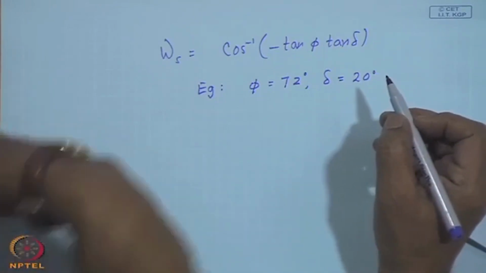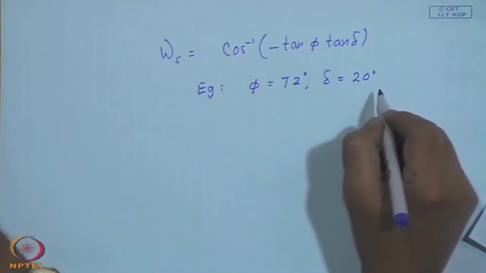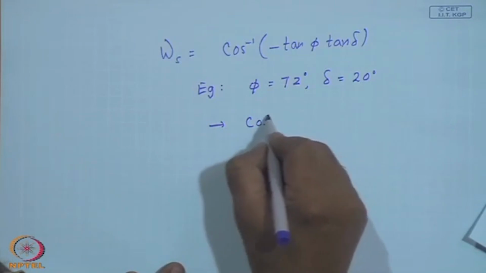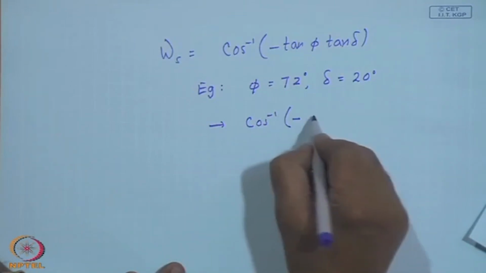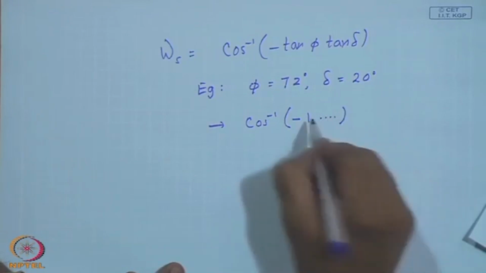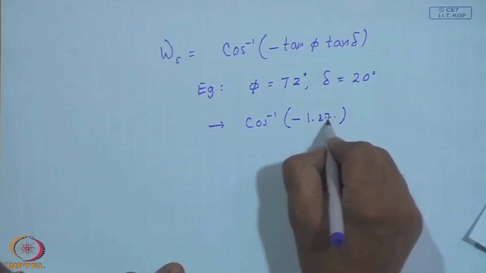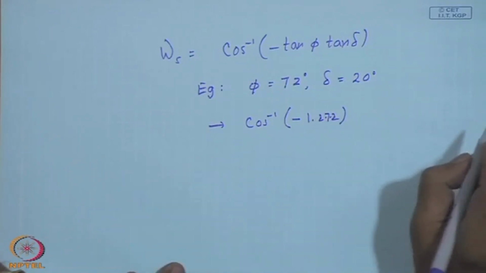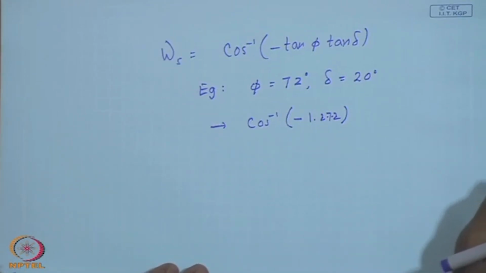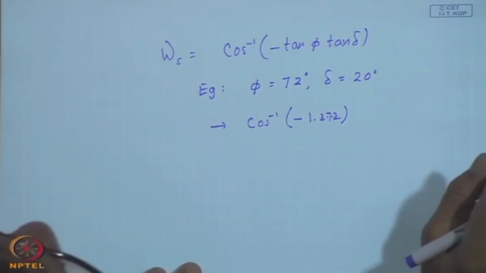Okay, high latitude and summer, higher declination. Obviously, I will have a cos inverse of minus something like 1 point something. That 0.272 may not be correct, but I know it will be cos inverse of something less than minus 1.